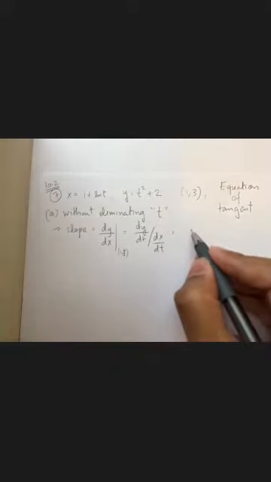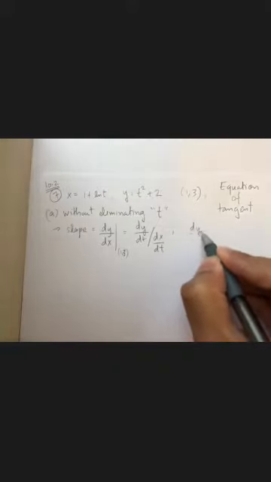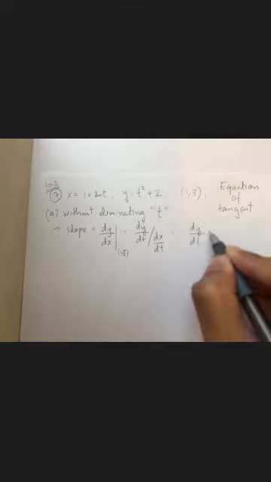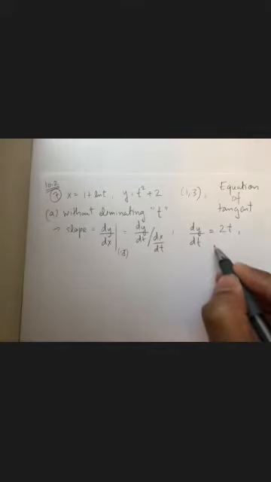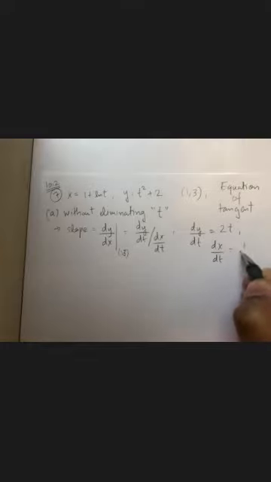Now let's take the derivative. Dy over dt is 2t. And dx over dt is 1 over t.